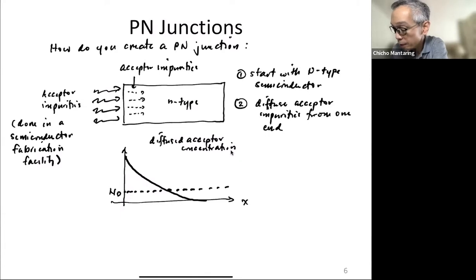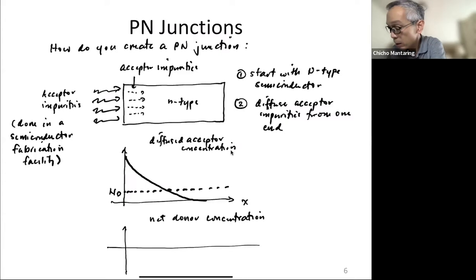The net donor concentration is going to look something like this. Here, where ND is equal to the diffused acceptor concentration, the net donor concentration is going to be 0.